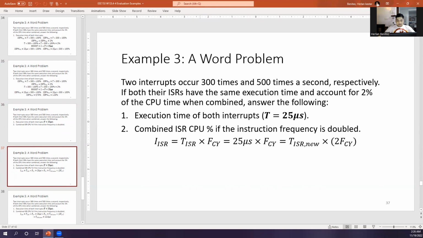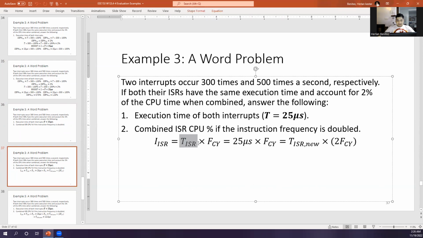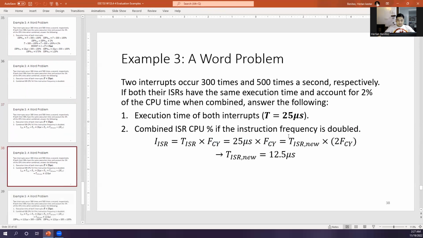So, equal dapat to, yung TISR natin, na-calculate na natin kanina as 25. So, 25 microseconds times FCY, equal dapat siya doon sa bagong execution time times twice nung FCY. Kasi yung number of instructions natin dapat pareho lang kahit mag-iba yung instruction frequency. So, yung bago nating ISR is 12.5 microseconds long.